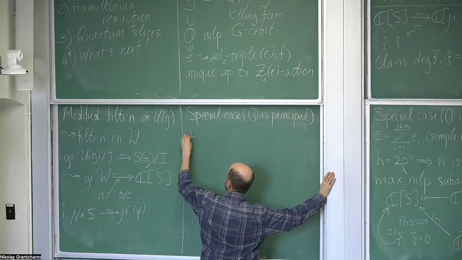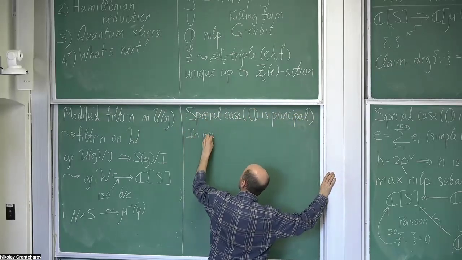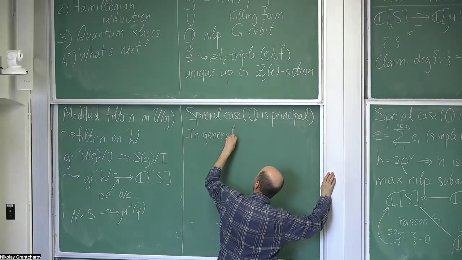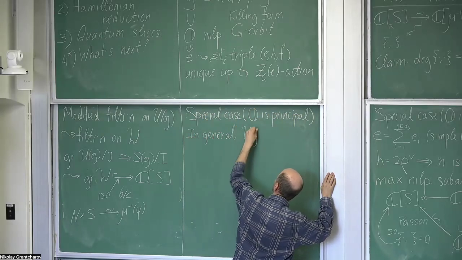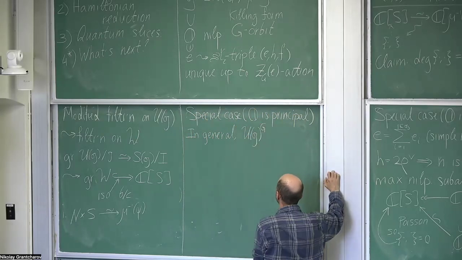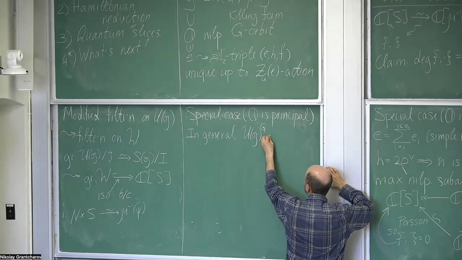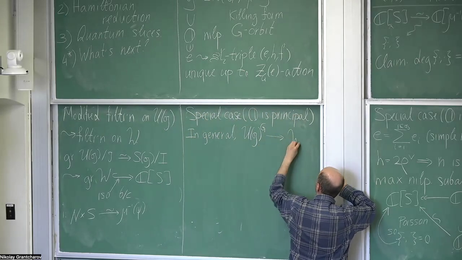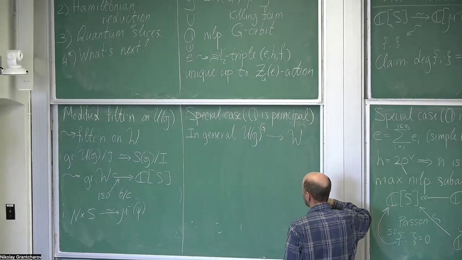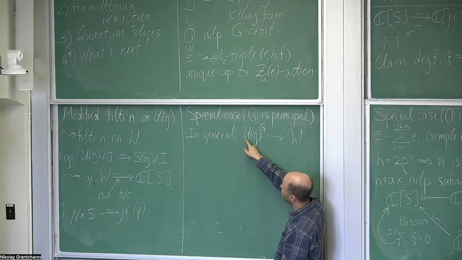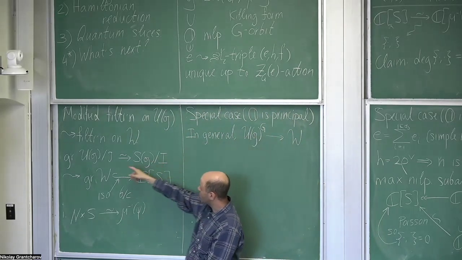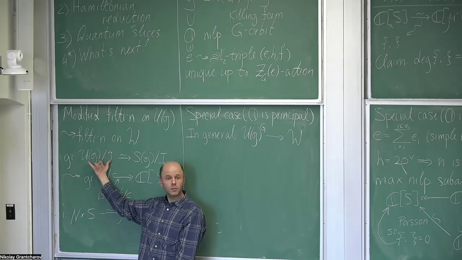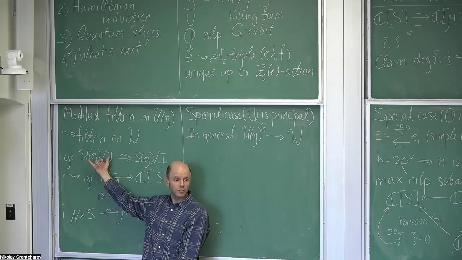Now notice that in general, without this assumption, I have a homomorphism from the center of the universal enveloping algebra, which is G-invariant, into my W. Why? Because U(g) invariants naturally map into this quotient, then the image consists of n-invariants.